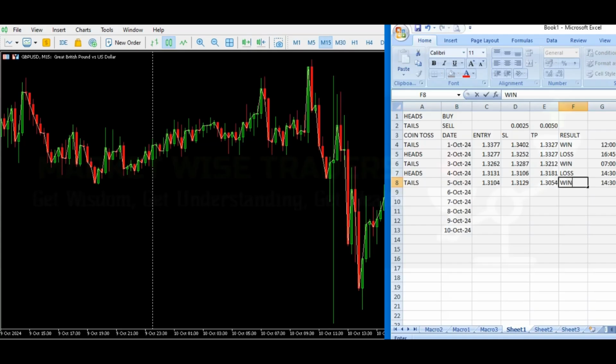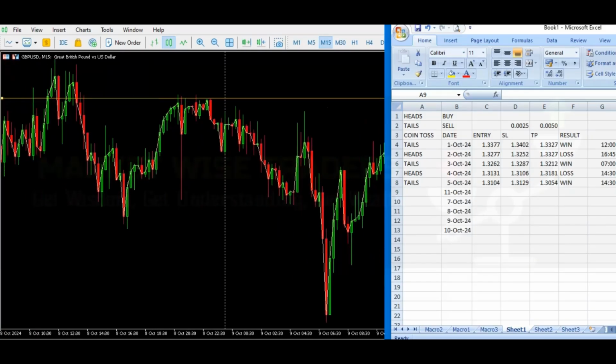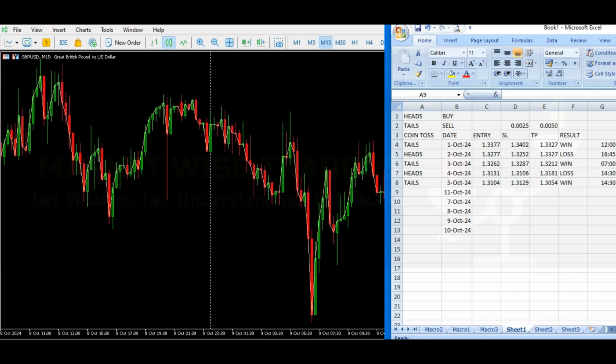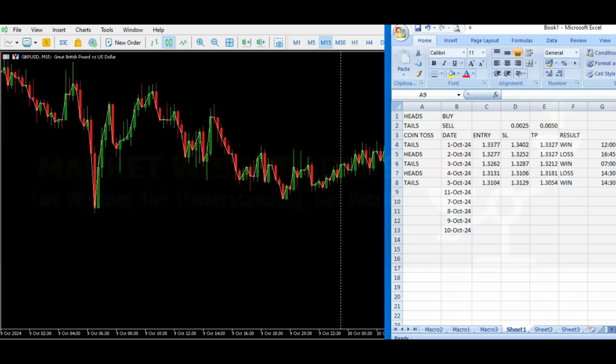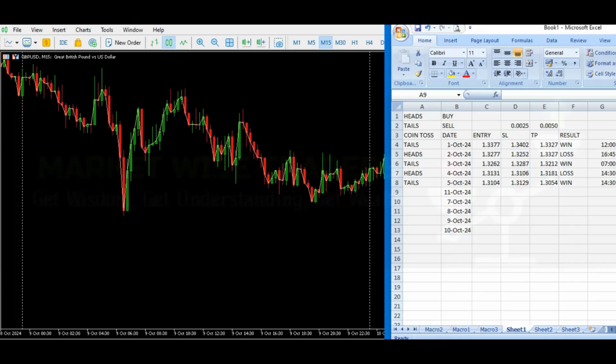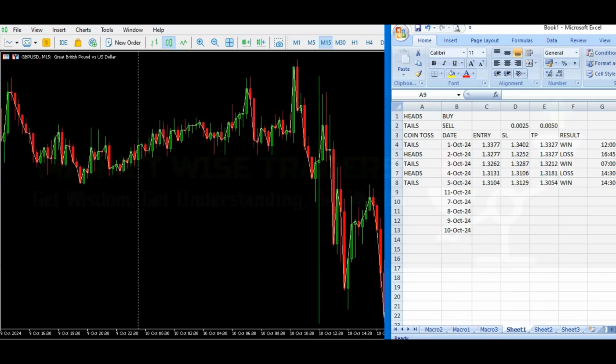That was on the 10th of October. So the next day, 11th of October, let's see what happens. Okay. Let me just delete that line. This is M15 if you're wondering the time frame I'm using, just to see the movement of the chart.